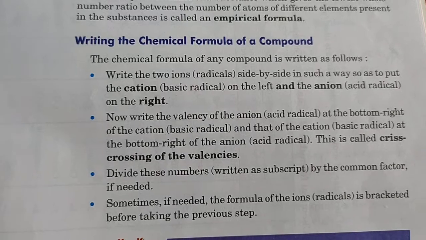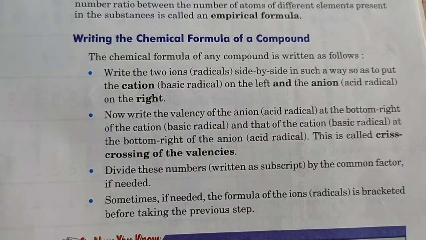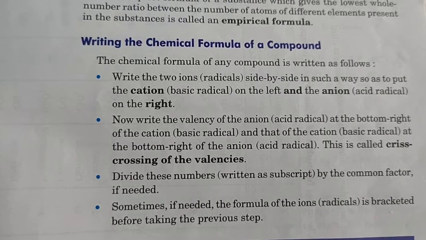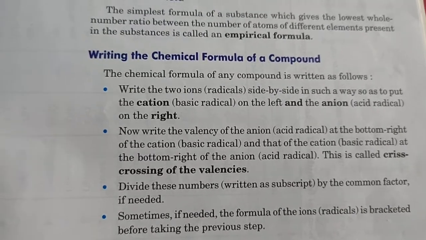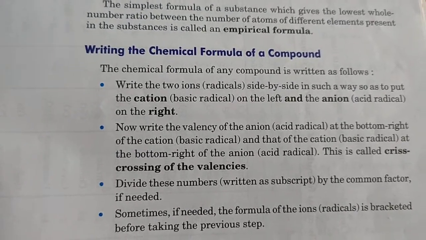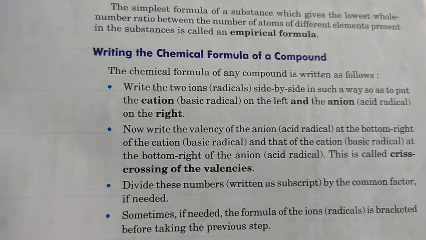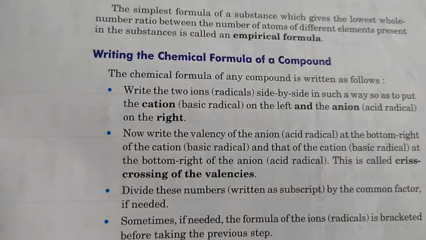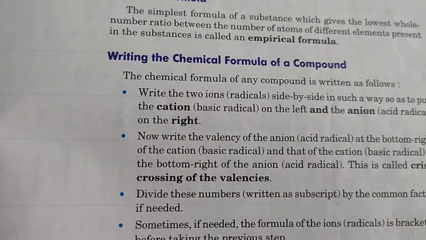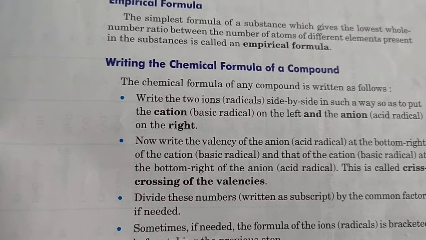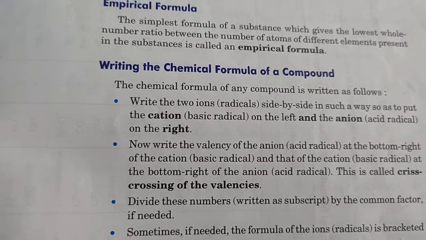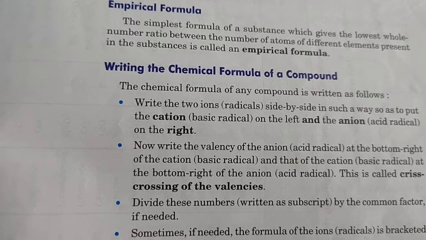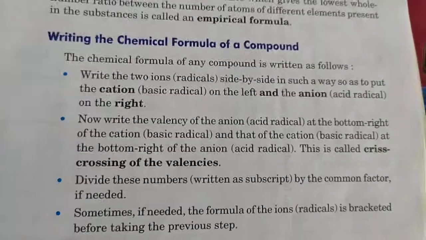Now how to write the chemical formula of a compound? The chemical formula of any compound is written by first writing the cation and anion side by side. Let the two ions or radicals be side by side in such a way that you put the cation on the left side and the anion on the right side.